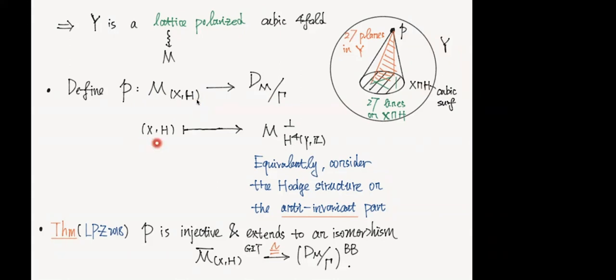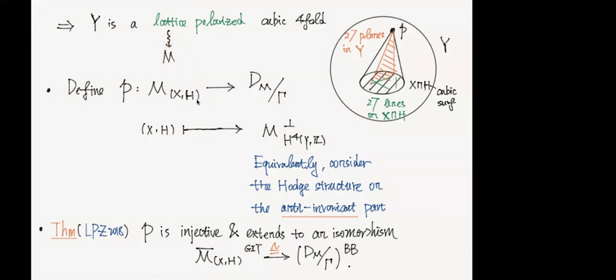So we have this cubic threefold pair. Then we basically consider the Hodge structure on the middle cohomology of the cubic fourfold. But it always contains some algebraic classes which form a lattice, which we call the lattice M.